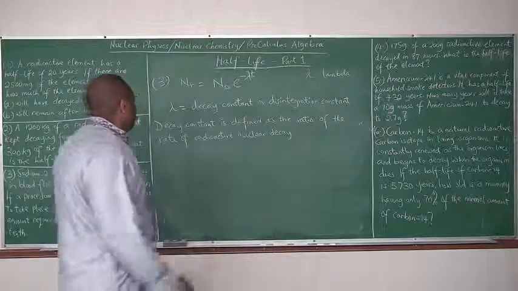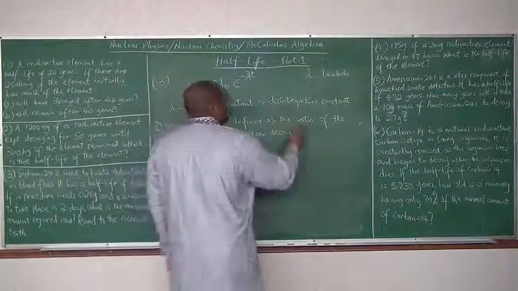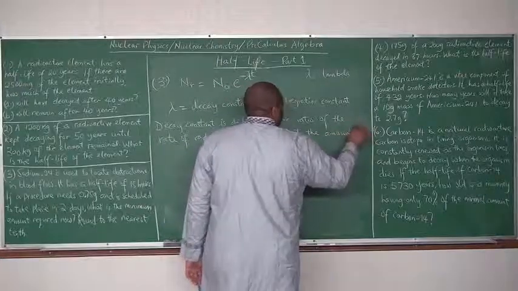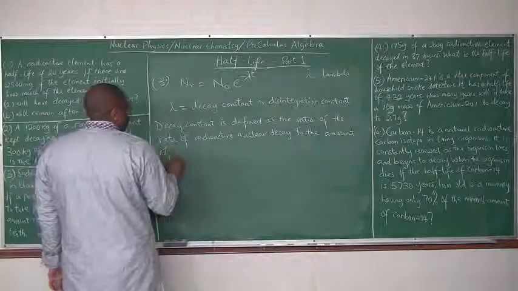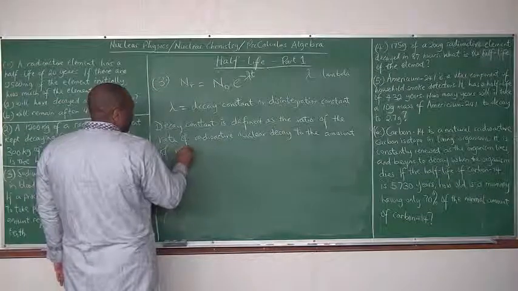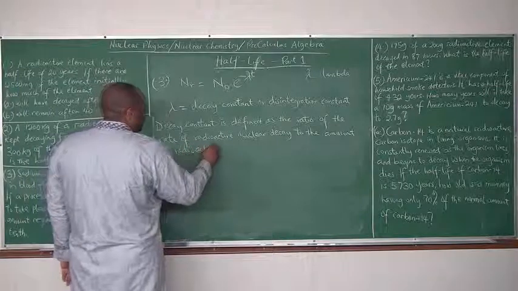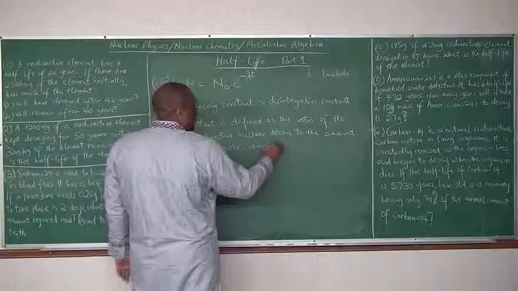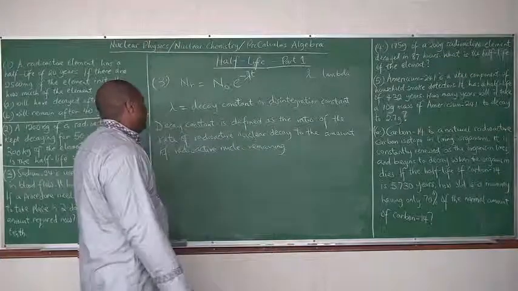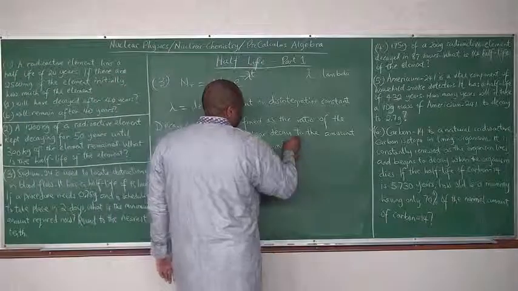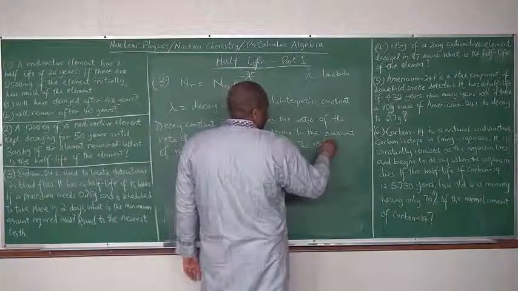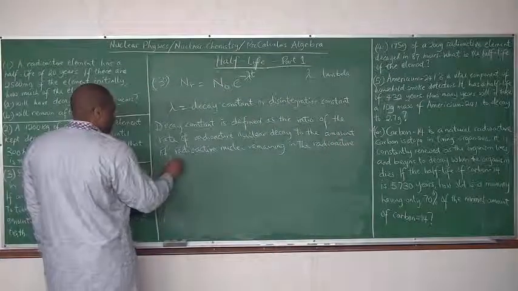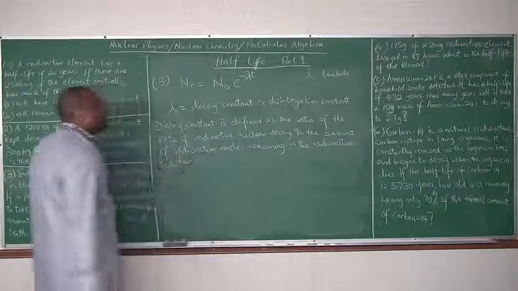Rate of radioactive nuclear decay over the amount of radioactive nuclei remaining in the radioactive substance. That is what we know as the disintegration constant. This is a very important concept.